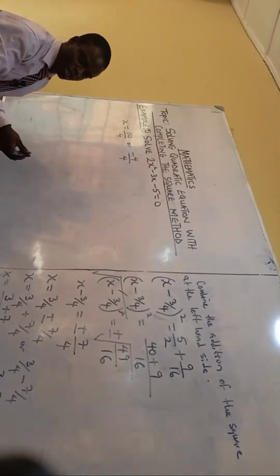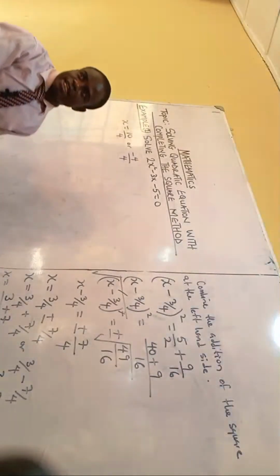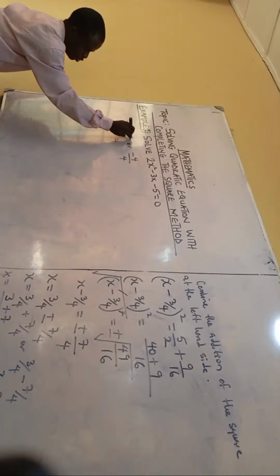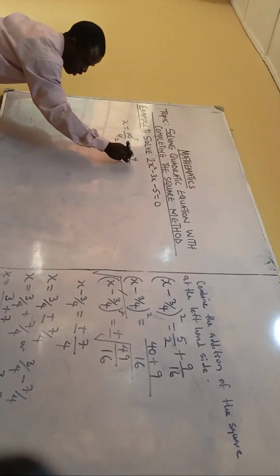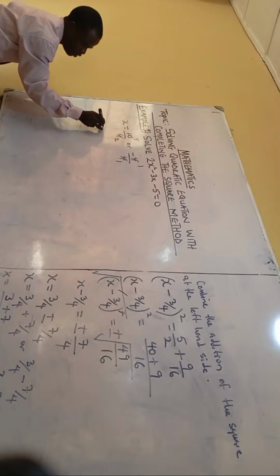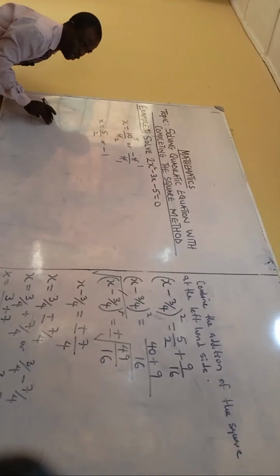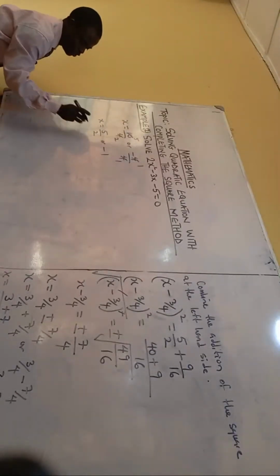You know, when you are removing a bigger number from a smaller number, it will be negative. Is that okay? Yes. Good. Now, 2 in 4, 2. 2 in 10, 5. 4 here, 1, 4 here, 1. X equals 5 over 2, or minus 1. Is that okay? Yes. Because of this negative minus 1.